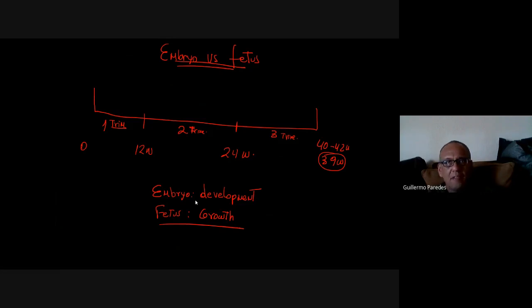So that is telling you that the first trimester is very important, because in the first trimester what is happening is development. What is development in simple words? Development is that you are creating for the first time the organs and the functions.